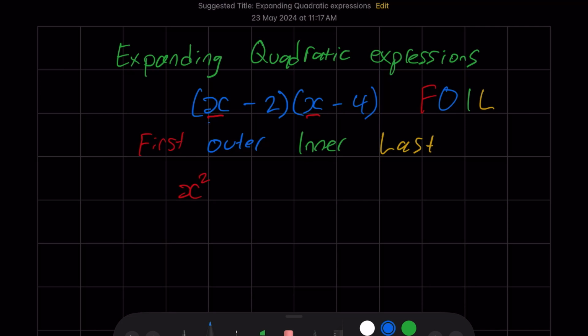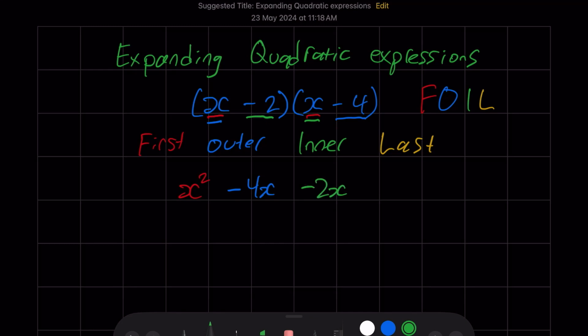Outer. We take our outer in our first bracket and our outer in our second bracket. Our outer in our second bracket is negative 4. Negative 4 times x is negative 4x. Inner. Take our inner in our first bracket, multiply it with our inner in our second bracket. Our inner in our first bracket is negative 2, so we multiply that with x, and we have negative 2x.